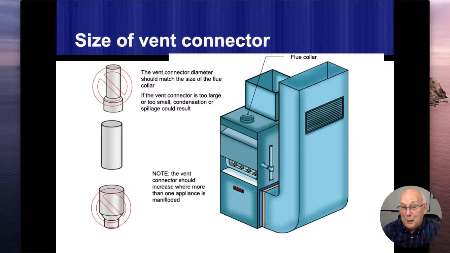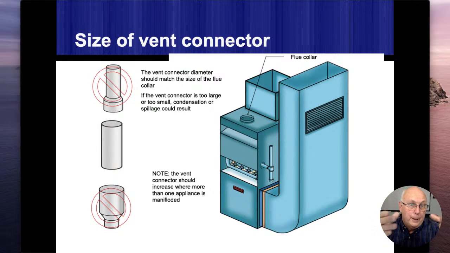What usually happens is that they'll have an old natural draft furnace, and then they're going to put a mid-efficiency furnace in there, one that exhausts far less BTUs up and out the pipe, so it doesn't have that heated draft that keeps it going. And they don't change out the actual vent connector or the B vent going outside.